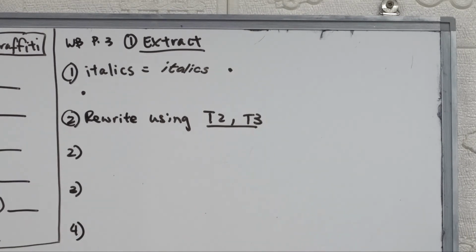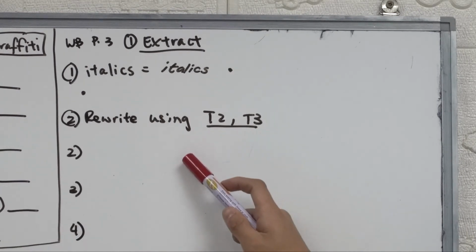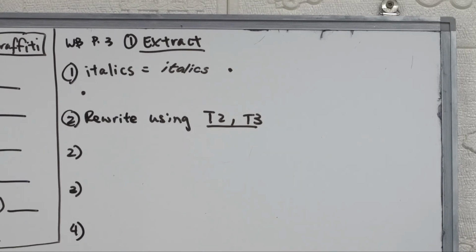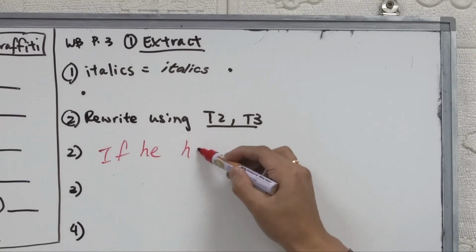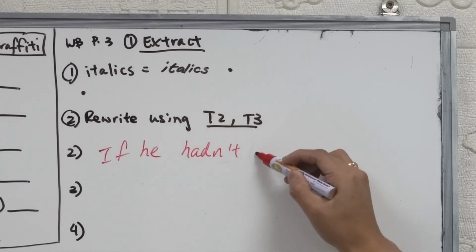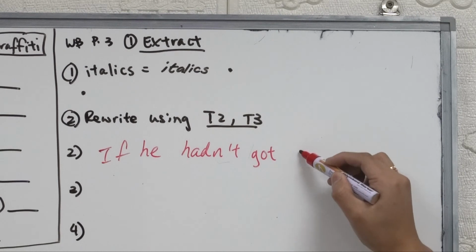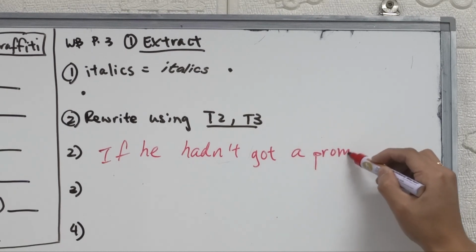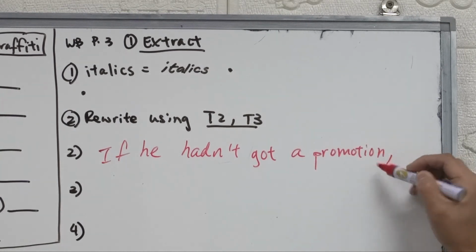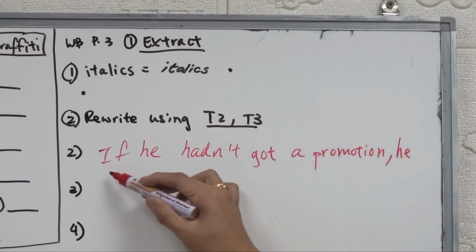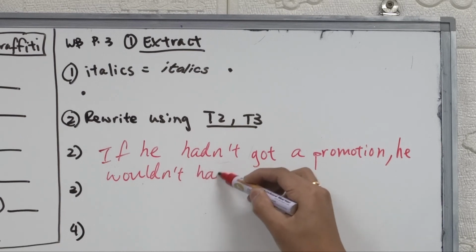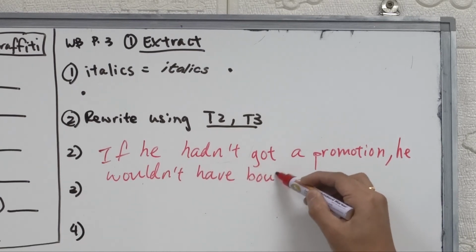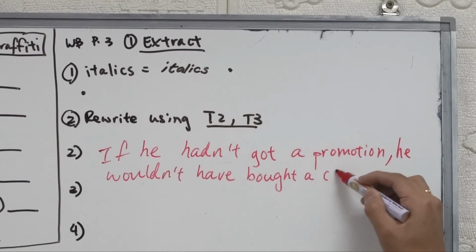Let's try to do 2 together. He got a promotion, so he bought a car, right? So it should be, if he had not got a promotion, he wouldn't have bought a car.